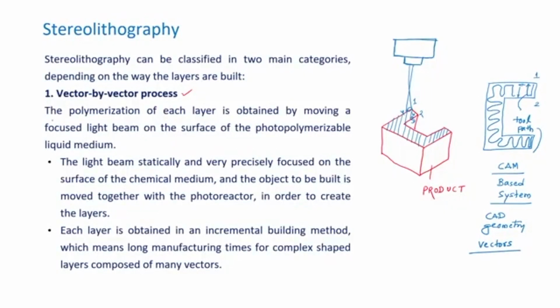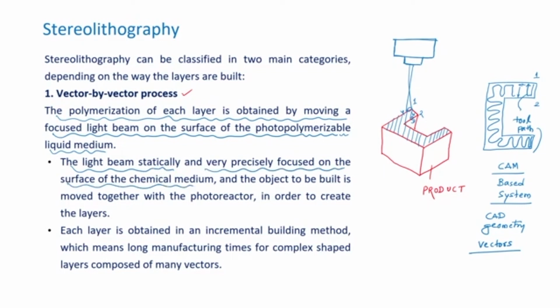In vector by vector processing, the polymerization of each layer is obtained by moving a focused light beam on the surface of a photopolymerizable liquid medium, that is, a liquid resin medium. The light beam is statically and very precisely focused on the surface of the chemical medium.